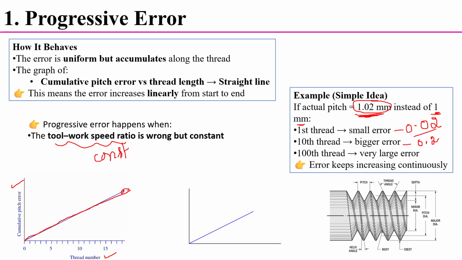It is somewhat bigger. Let's consider the 100th thread. It will become 0.02 into 100, which is 2 mm. So it is a very large error. This error keeps on increasing continuously along the thread number.